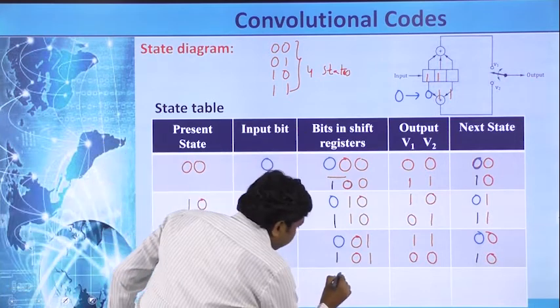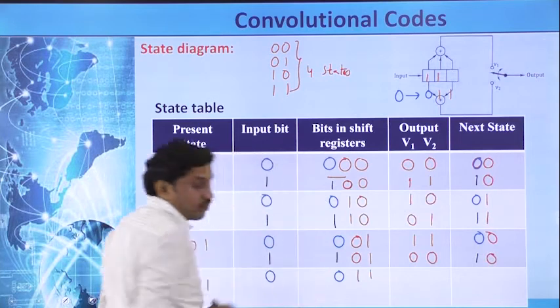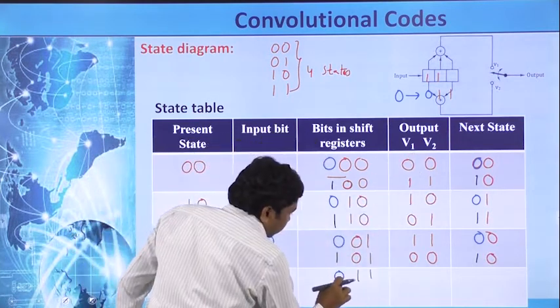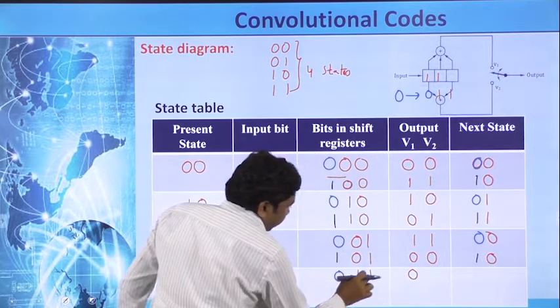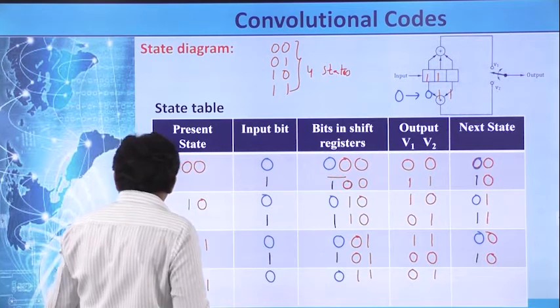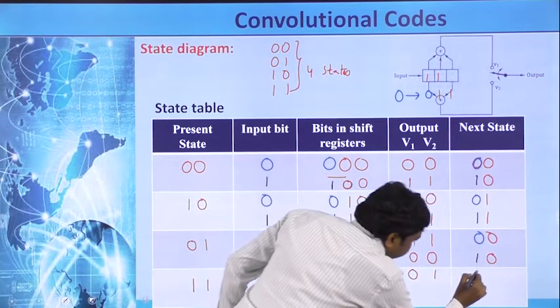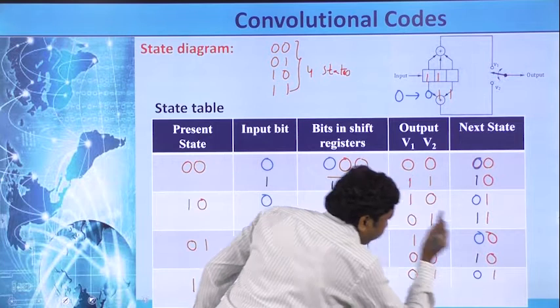The output bits V1 and V2. So, V1 is the sum of these three, is 0. V2 is the sum of first bit and last bit. So, what is the next state? The next state means the first two bits. So, it is 0 and 1.